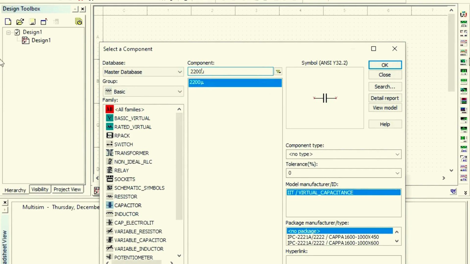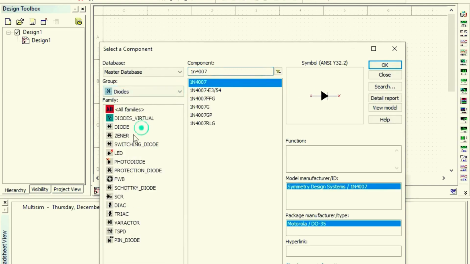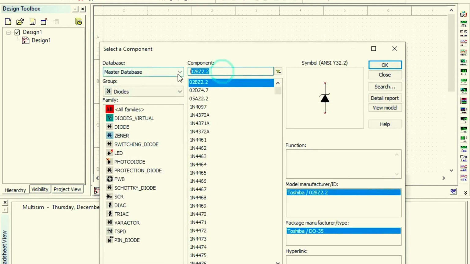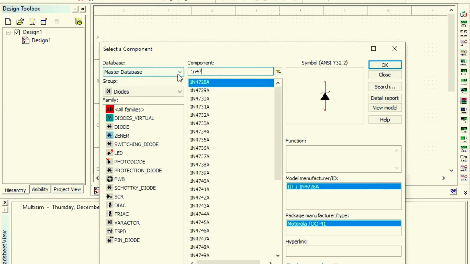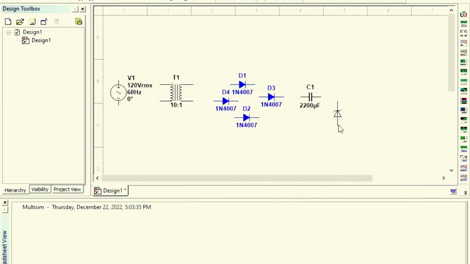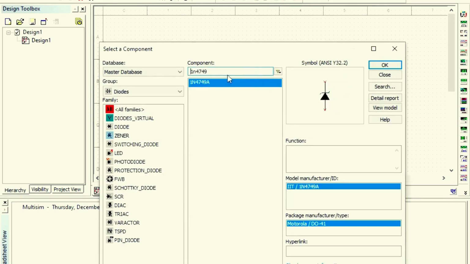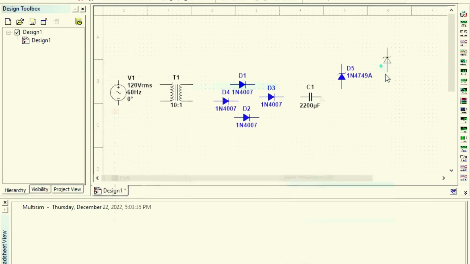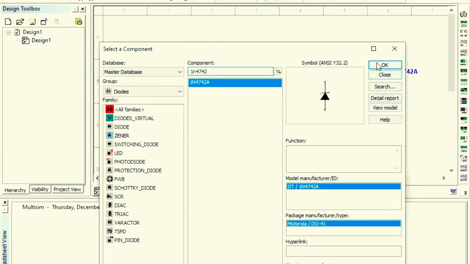Capacitor 2200 uF. Zener diode 1N4749 is for 24 volt DC. Zener diode 1N4742 is for 12 volt DC. Again, the code is important.